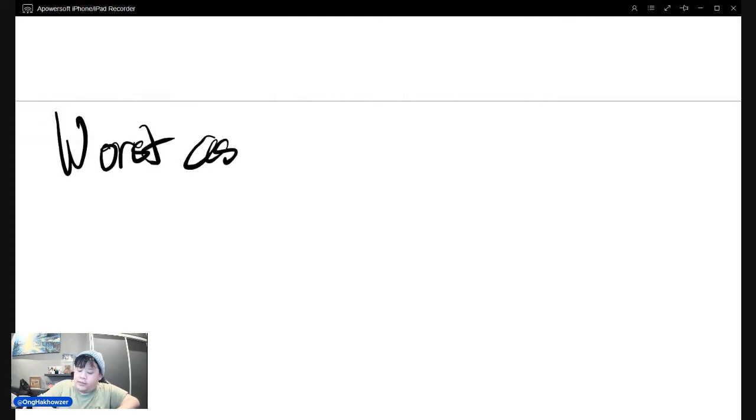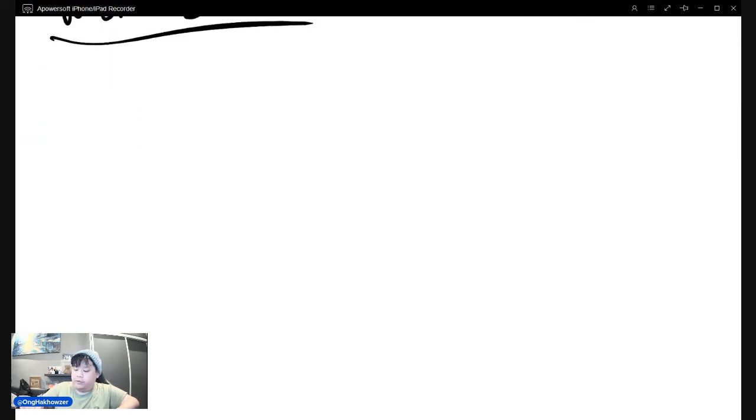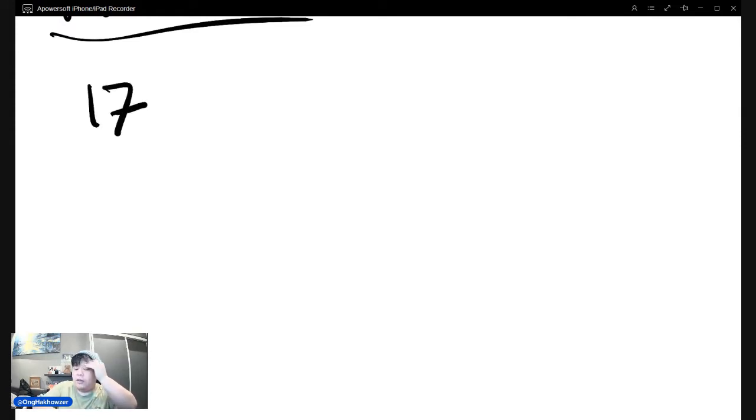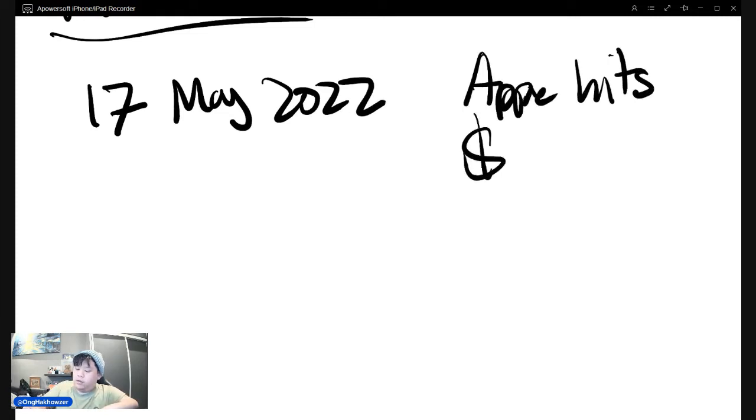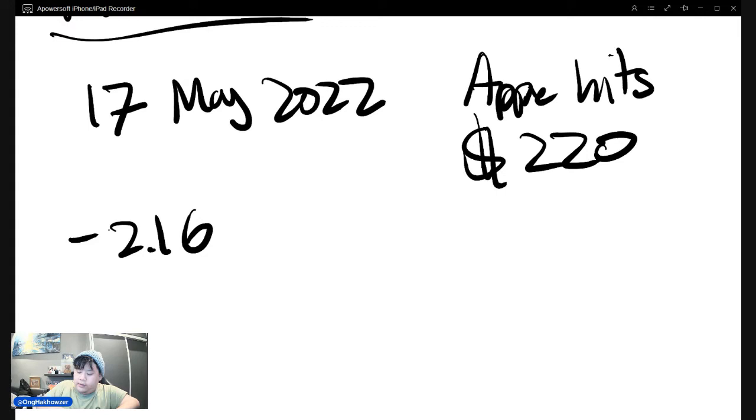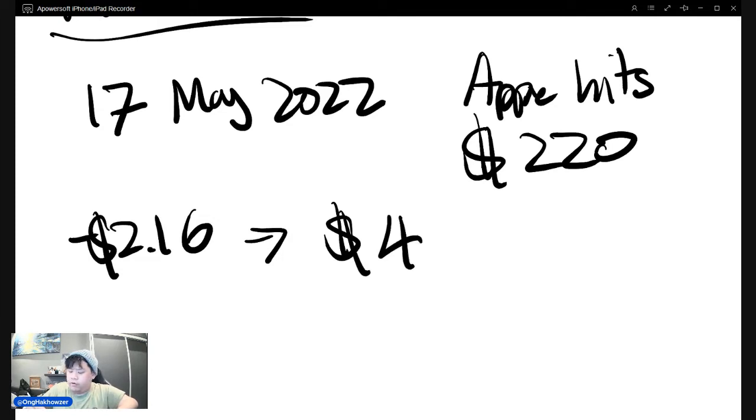The worst case would be, let's say by the 17th of May, maybe, Apple hits $220, and your current negative $2.16 contract is now going to be, let's say, $400.